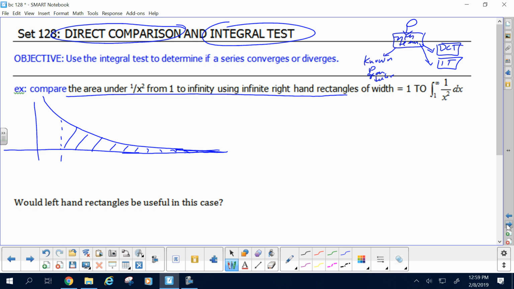If I used right-hand rectangles, all 1 unit wide, would that right-hand height mean smaller rectangles or greater rectangles than the true area? Smaller. Because it's decreasing, the right edge will be less than the left edge, and we're going to be under the true area a little bit.